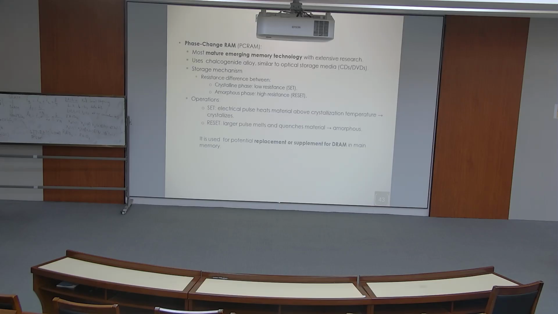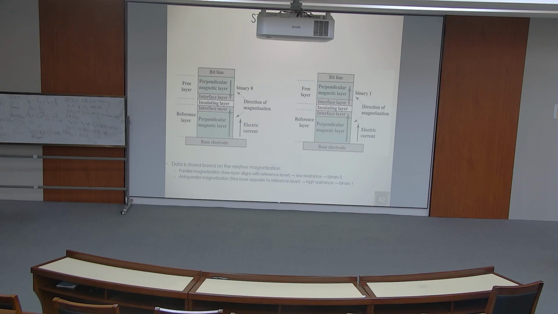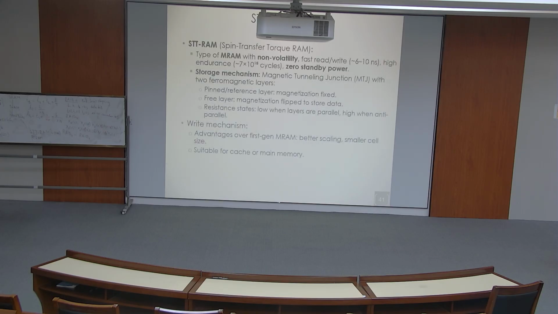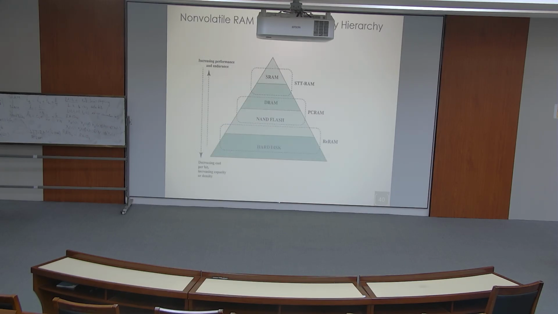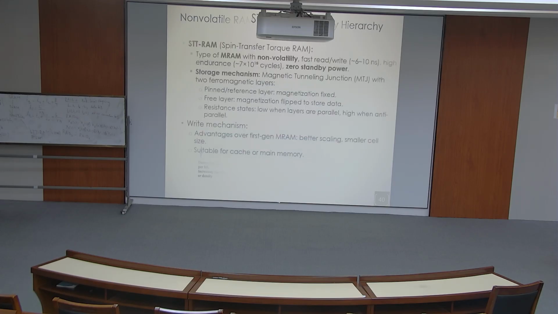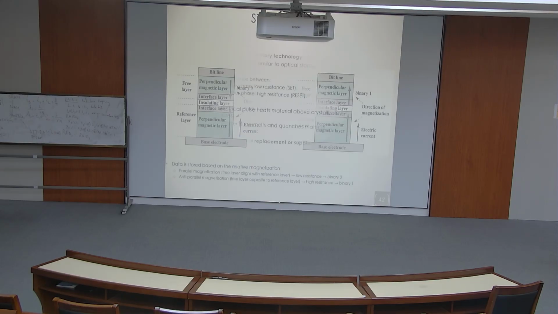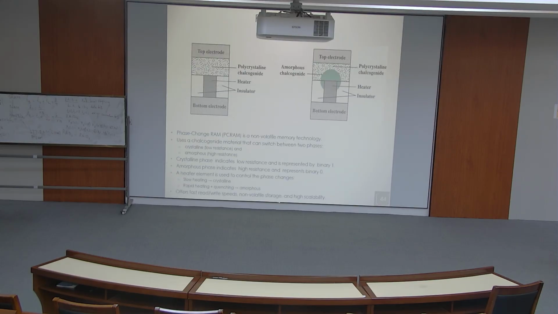So when it comes to this type of memory, PC RAM, you see here on this memory hierarchy it is trying to fit between the main memory DRAM and the NAND flash memory, which is the bridge between the main memory and the hard disk. So this is the main place of the PC RAM in the memory hierarchy.